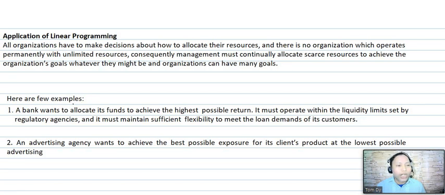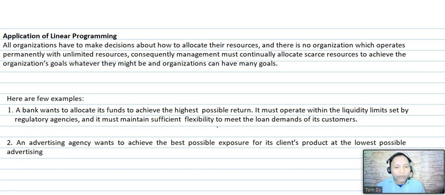Now we have here our examples in the application of linear programming. A bank wants to allocate its funds to achieve the highest possible return. It must operate within the liquidity limits set by regulatory agencies, and it must maintain sufficient flexibility to meet the loan demands of its customers.